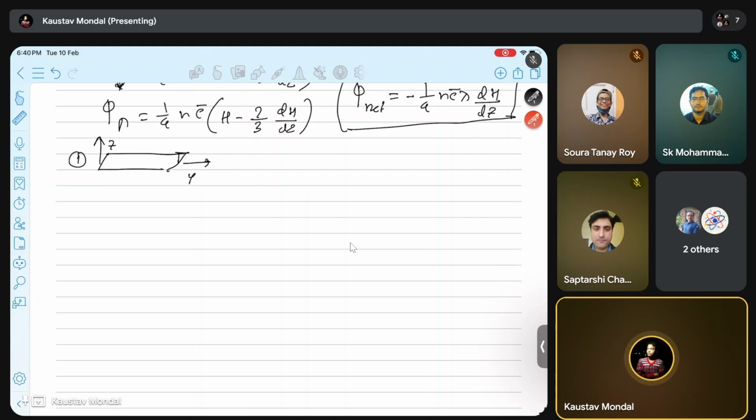One layer moves with a higher velocity vy plus delta v, and one layer moves just with vy. In that case the gradient is dvy/dz into delta z.